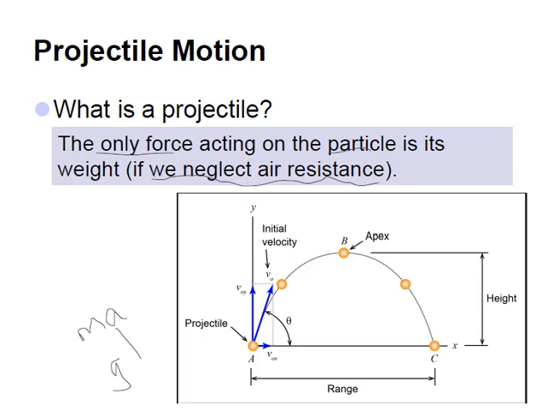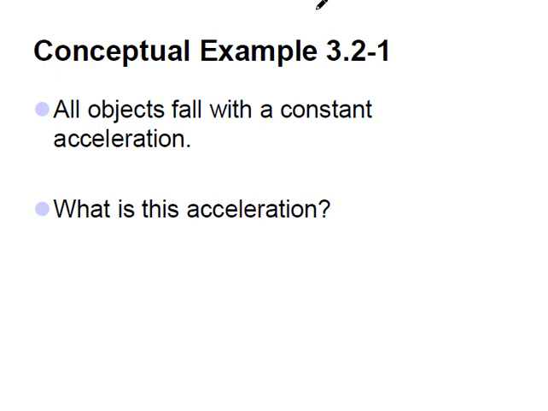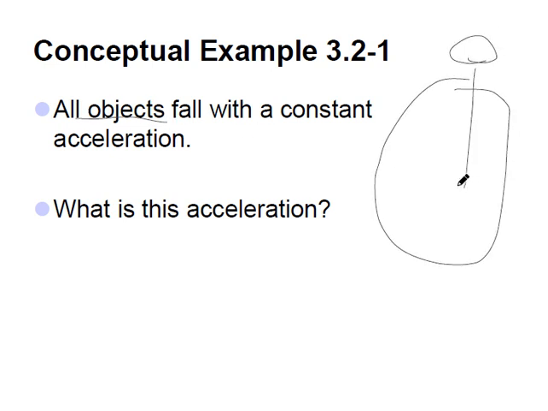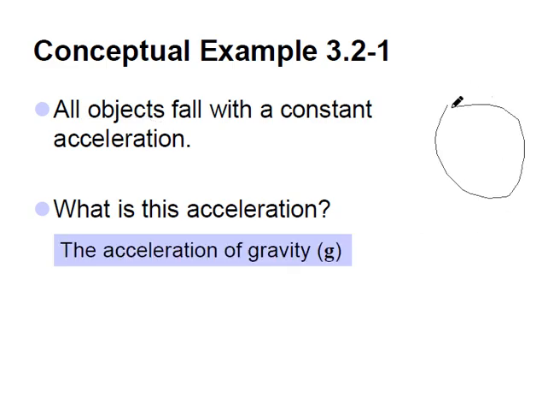So after a projectile, you've got to know falling. Falling is different from projectile. So let's see what falling is. We understand that all the objects that we know on this earth fall with a constant acceleration. And of course, we have already studied that constant acceleration is caused by gravity.